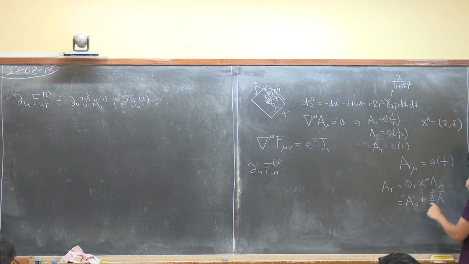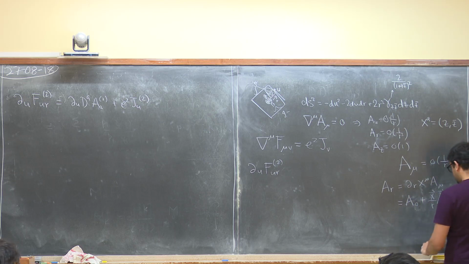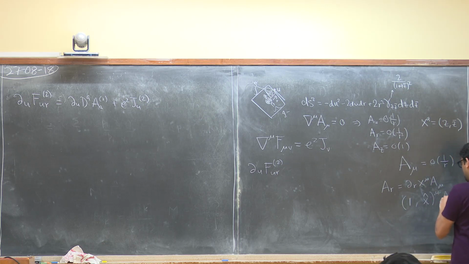Yeah. So now the point is let me just rewrite this in this form. This is basically 1 comma x hat mu A mu. But you'll see at large r, when I take that large r limit, the momentum that's sitting in here is precisely of this form, because this is precisely a null momentum. So this dotted function to leading order vanishes. Yeah. For all solutions, this is the structure.